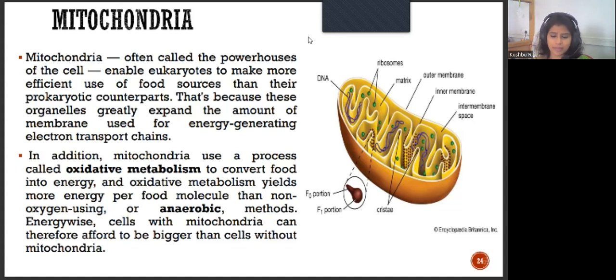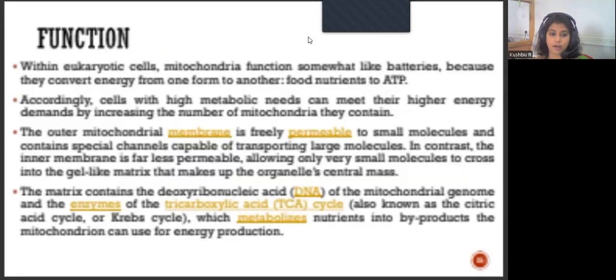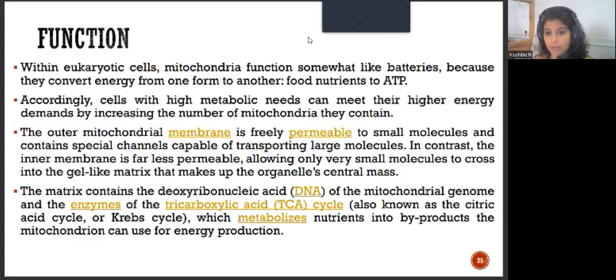Without mitochondria, the cell cannot get ATP in the required amount as per the requirement.